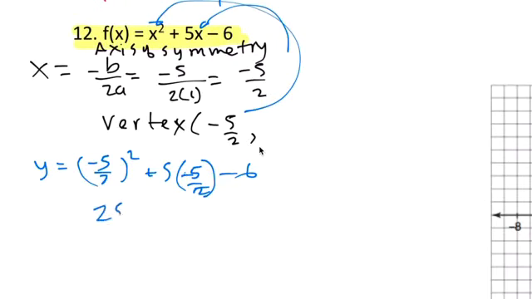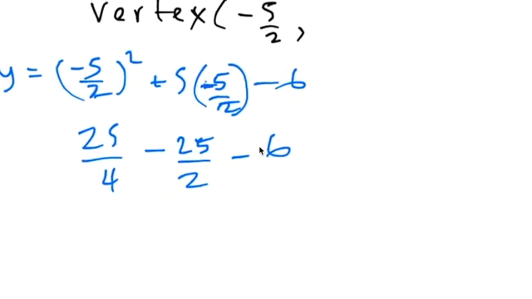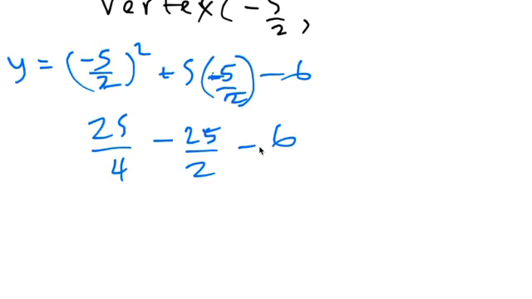Get 25 over 4, because it's that squared, minus, because negative, 25 over 2 minus 6, right? Common denominator here is 4. That leaves it negative 50 over 4.